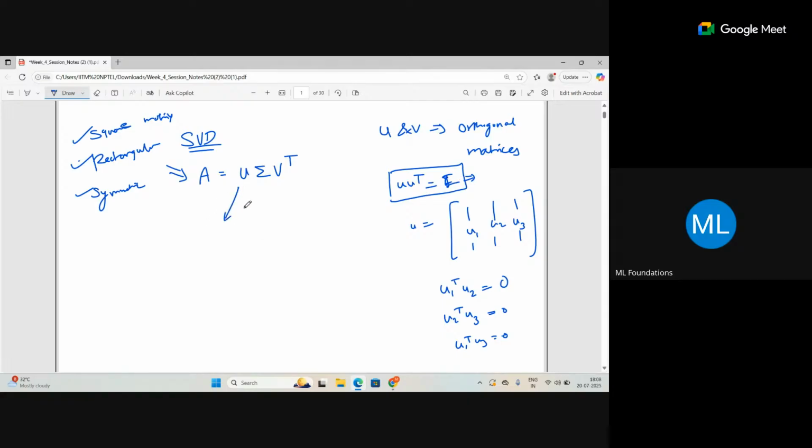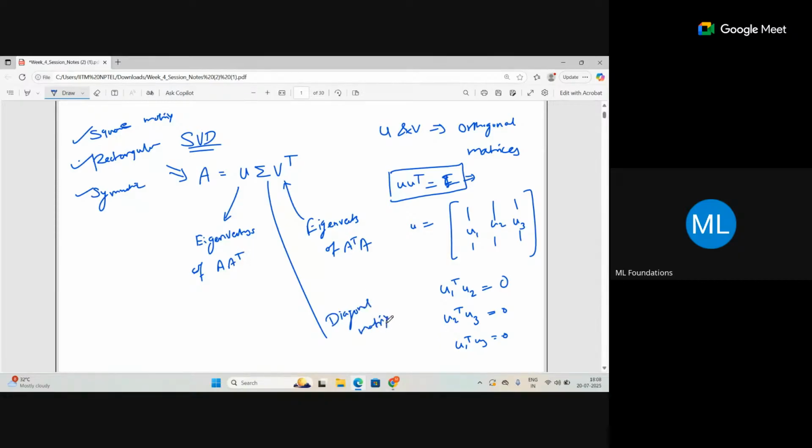How can we form U? It is formed by using the eigenvectors of A times A transpose, and the V matrix is found from the eigenvectors of A transpose A. And this is a diagonal matrix.